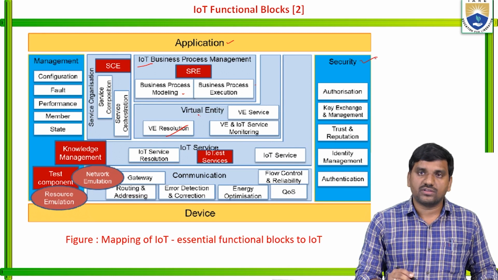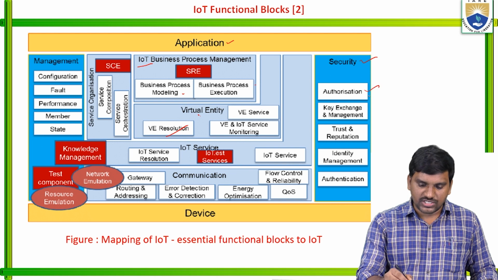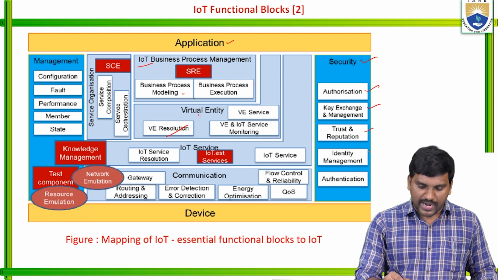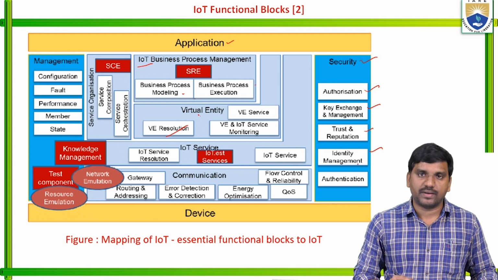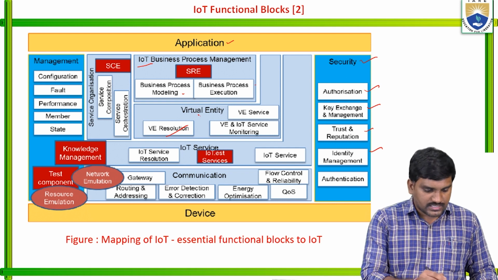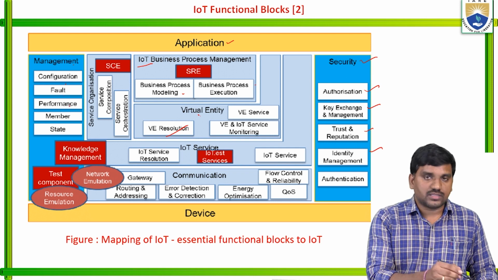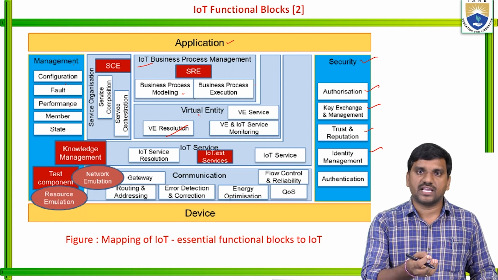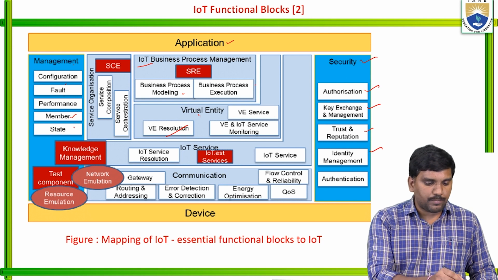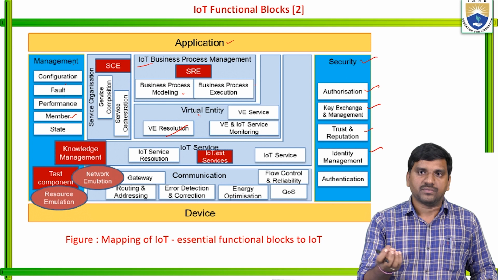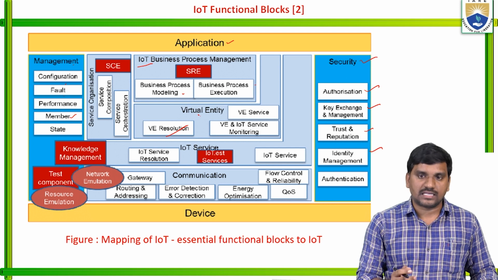Security: authorization, key exchange and management, trust and reputation, identity management, and authentication. Next, management: configuration, fault, and how the performance of a device can be calculated. Next, member and state, either lifetime member or temporary member, it can calculate like that.